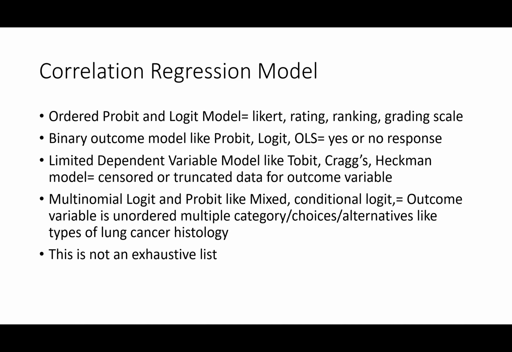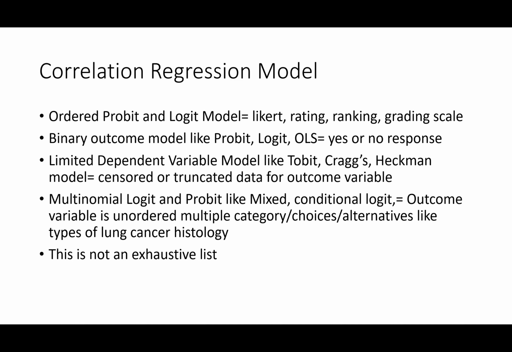Ordered probit and logit models mean your outcome variable is a Likert scale or rating or ranking or grading. Is it A, B, C or 1, 2, 3? Binary outcome models, on the other hand, have examples like probit, logit, OLS. This means the nature of your outcome variable is a yes or no response.